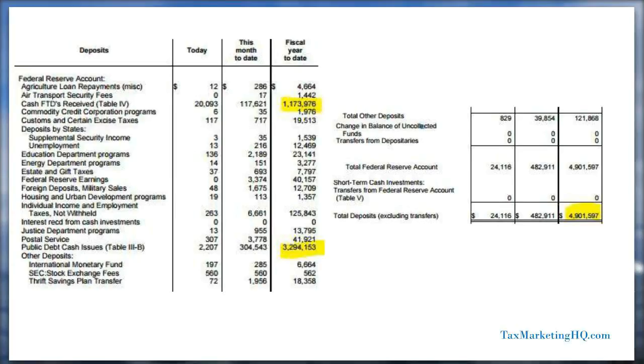But remember, there's $300 billion out of the $2 trillion that the government has spent, and then there are all these other things that are revenue coming in. But look at the cash federal tax deposits received, $1.1 trillion. This is the single largest chunk of the entire non-debt related revenue for the government.